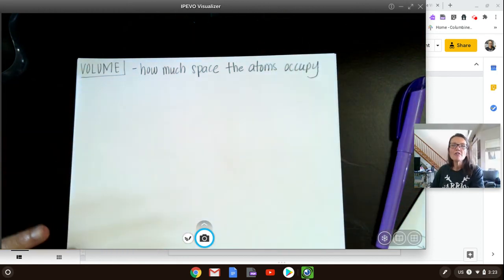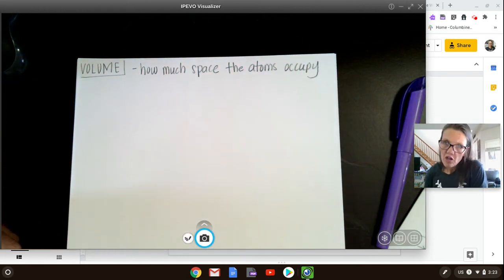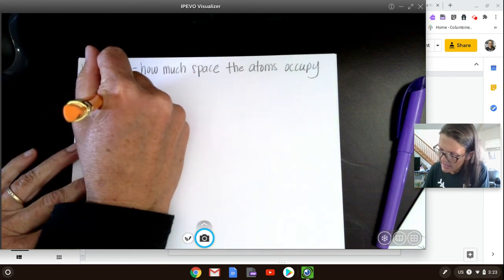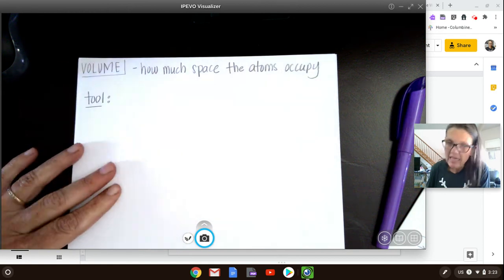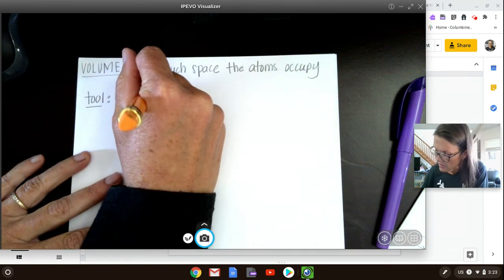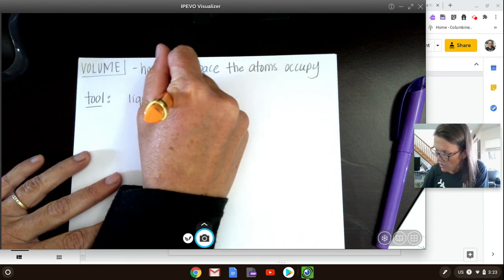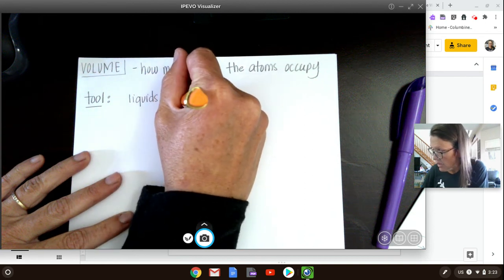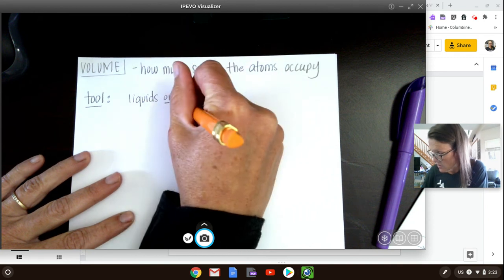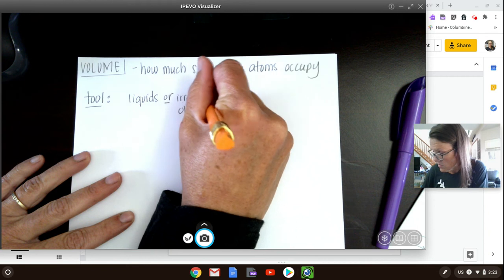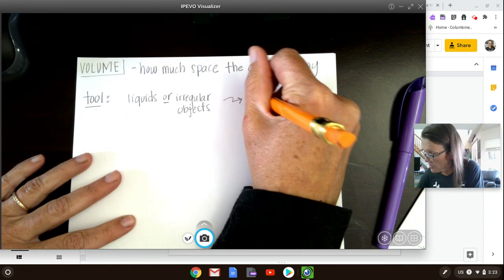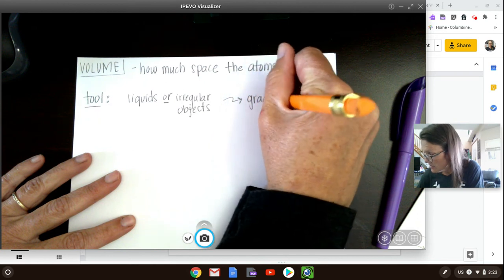Okay, so how do we measure volume? Okay, well, there's a couple of ways. And honestly, it depends on what we're trying to measure. Okay, so if we are talking about liquids or irregular objects, then the tool that you're going to use is something called a graduated cylinder.